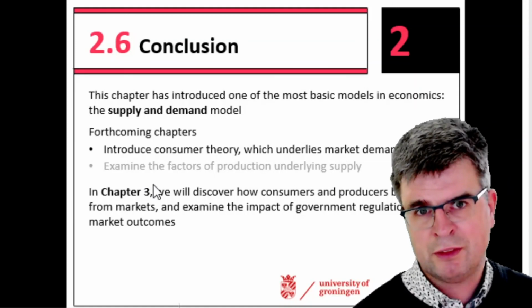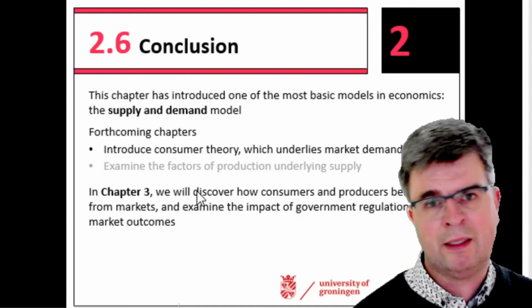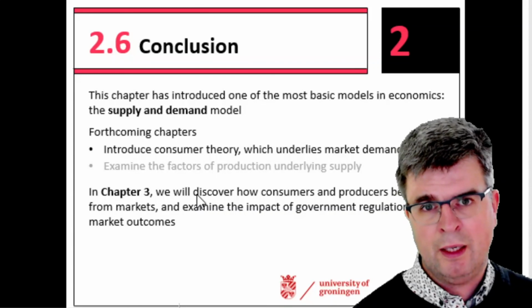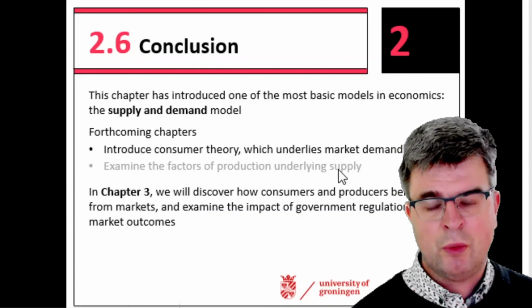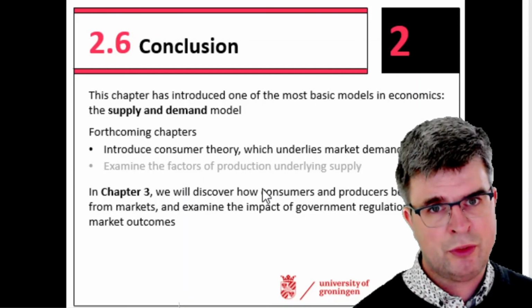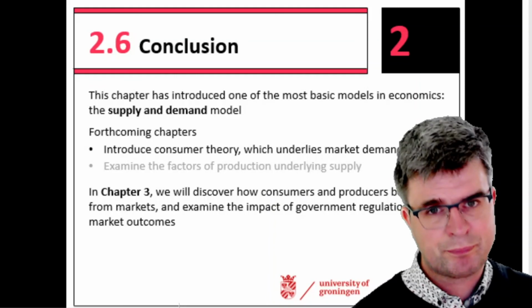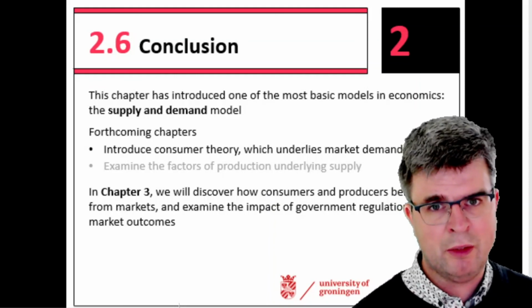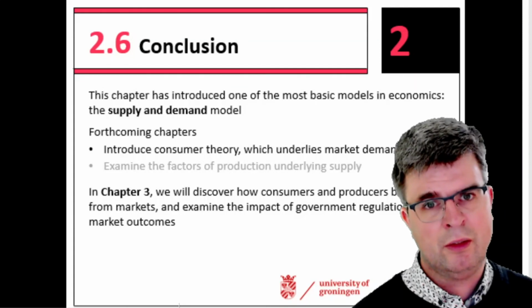And the reason is that we want to free up some time for other topics like game theory and externalities, and also because the way we arrive at the supply function more or less follows a similar mechanism as the way we arrive from individual preferences to the demand functions.